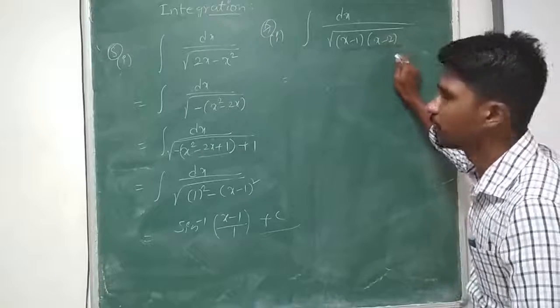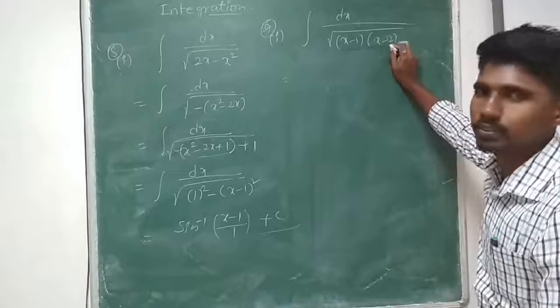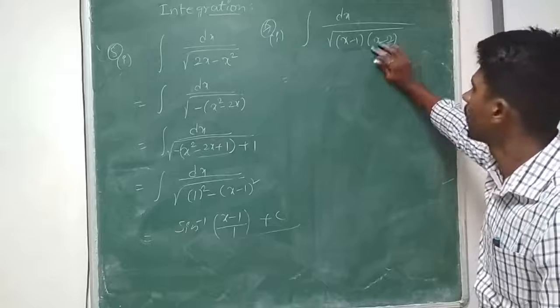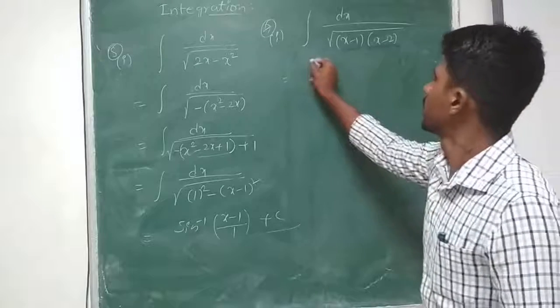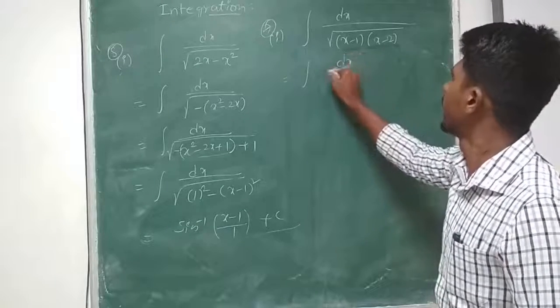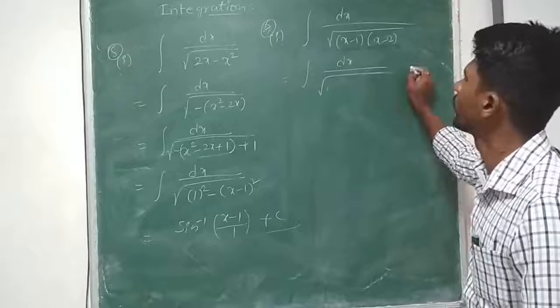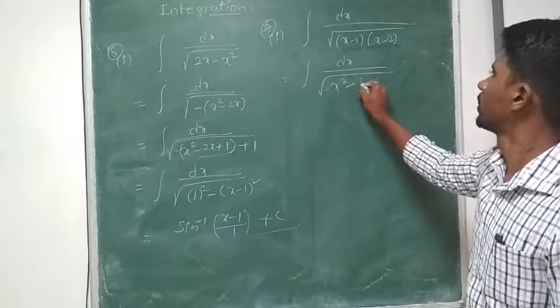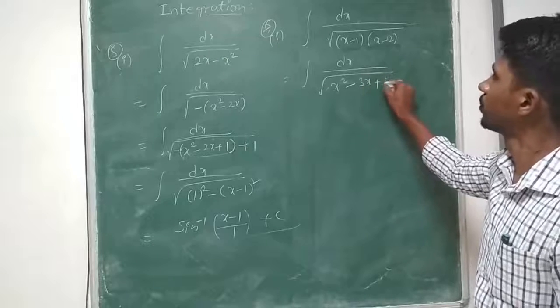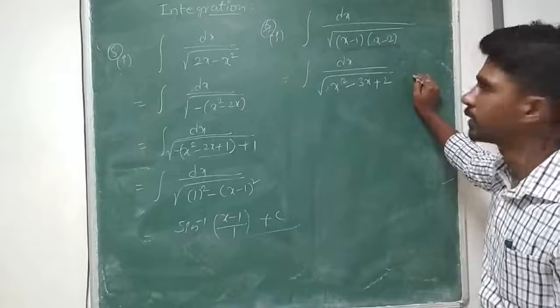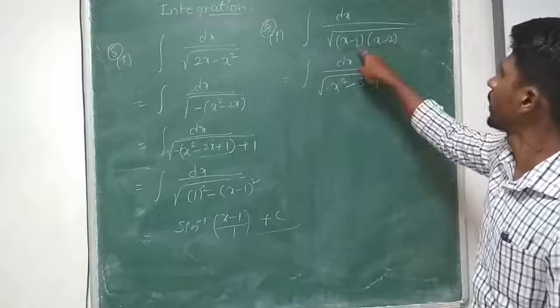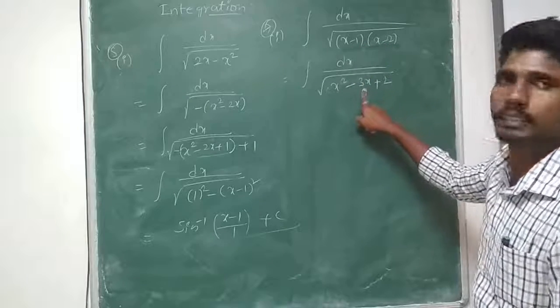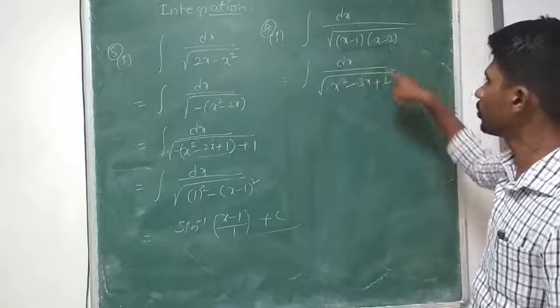What to do? First, convert this into a quadratic expression by multiplying. It will be equal to integral dx by root of x square minus 3x plus 2. X into x, x square; minus 1 minus 2, minus 3x; minus 1 into minus 2, plus 2.